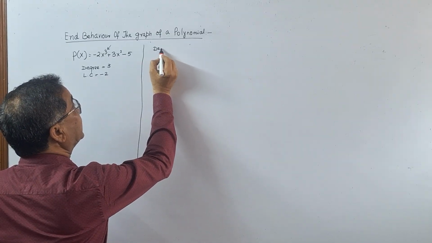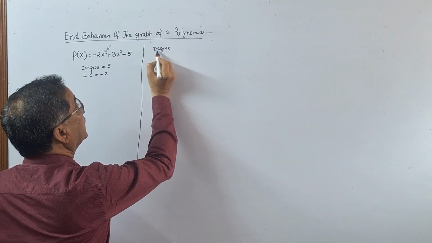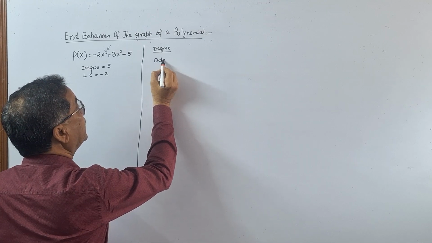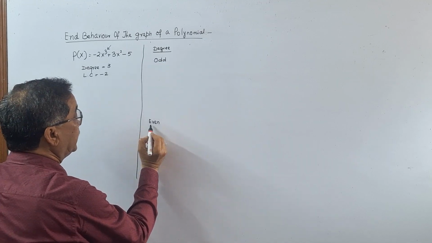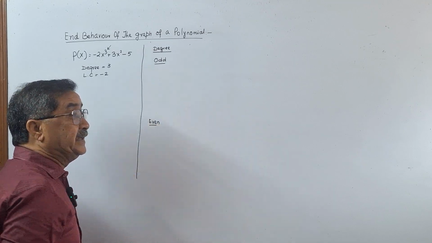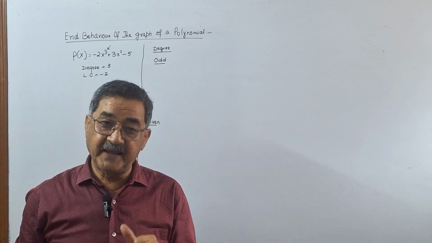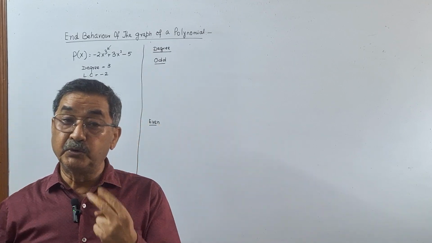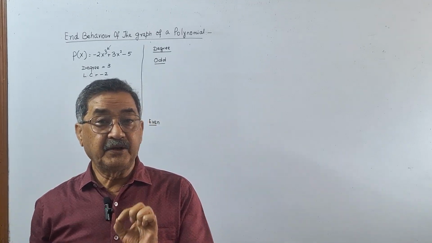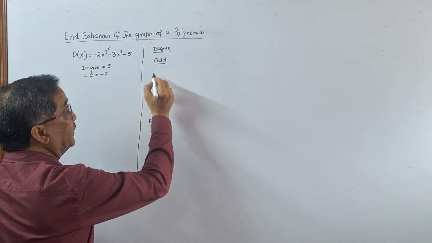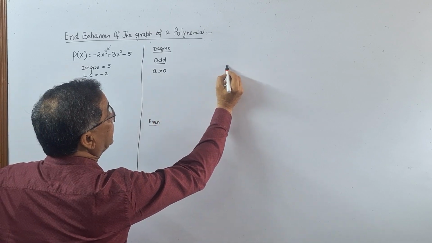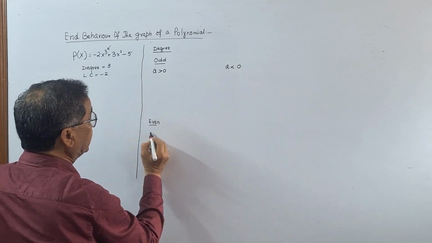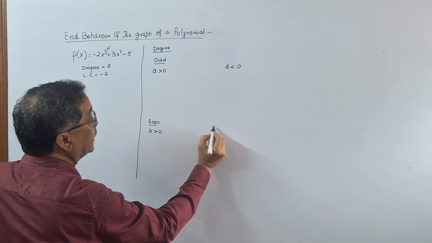Now, if the degree is odd, then once again there are two possibilities for the leading coefficient, whether the leading coefficient is more than 0 or the leading coefficient is less than 0.